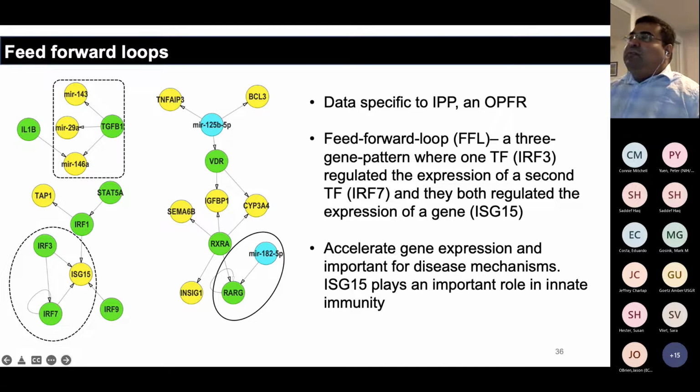These feed-forward loops are cases where a transcription factor regulates another transcription factor, and together they both regulate a third gene. These feed-forward loops are shown to be important in various disease mechanisms as well as maintenance of innate immunity, and may be important drivers of flame retardant toxicity and adverse health effects later in life.